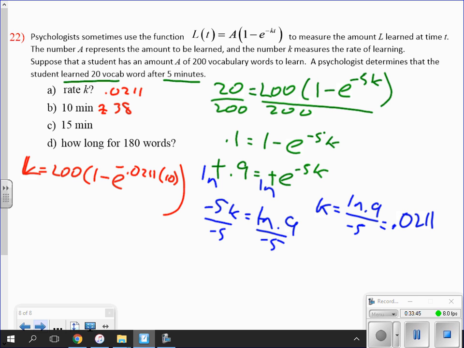Do the stuff in the parentheses first before you multiply that times 200. You should get 38 for that one. That's approximately 38. I rounded off to the whole word. Approximately. Little squiggly. You've never seen that?